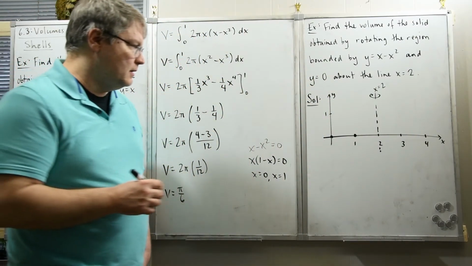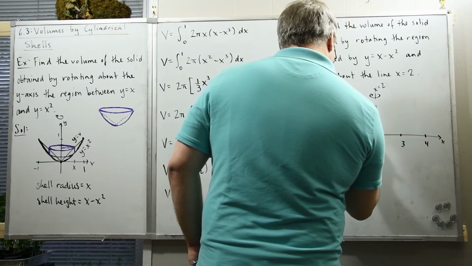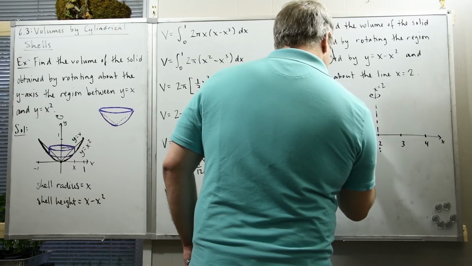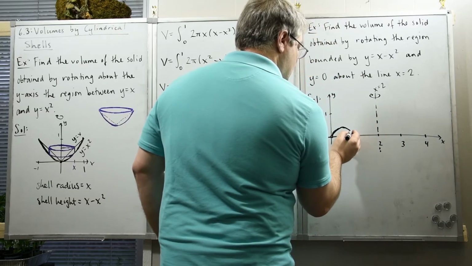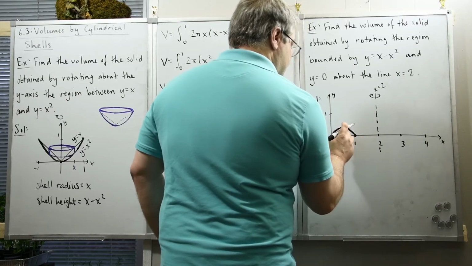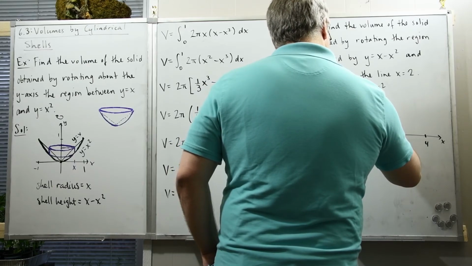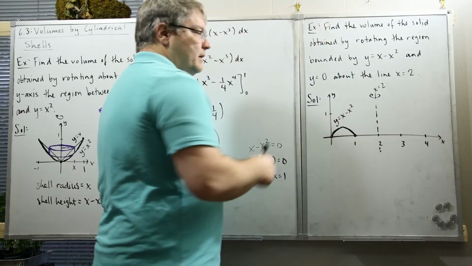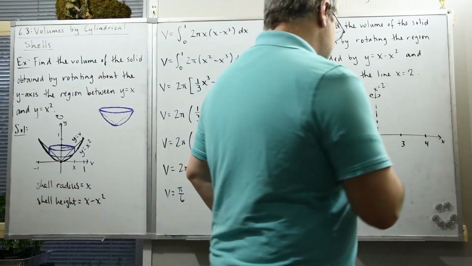And so you're going to get a picture that looks something like this. So this region, once again, y equals x minus x squared, gets revolved about x equals 2. So the mirror image of this picture is going to look something like the following.